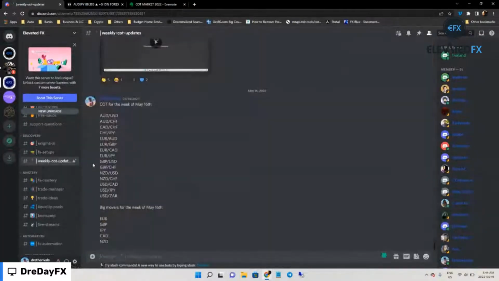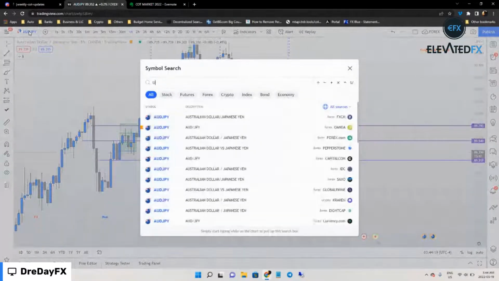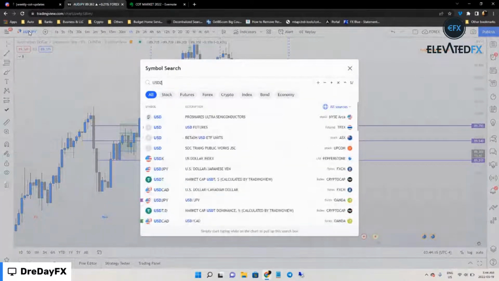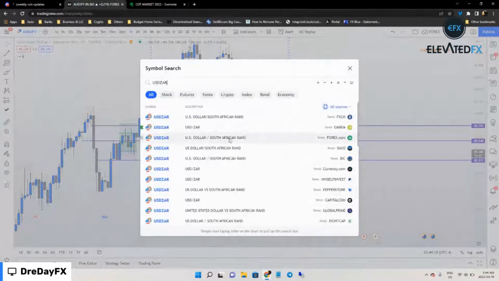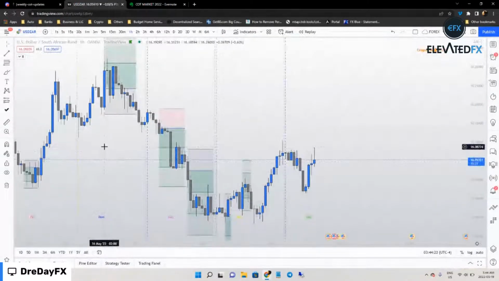If you look at the CAD for the week, I would still look for setups, and that's exactly what we saw when we were breaking down the actual setup signal.